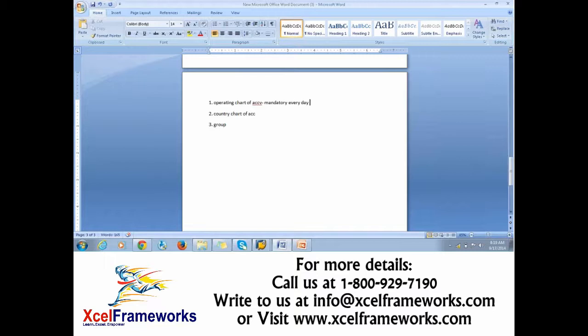Suppose under your group of companies, you have two company codes. For example, one is in US and one is in Europe. In that case, you will be having the country chart of accounts differently. That means one country chart of accounts for the US company code and another for the Europe company code. Why do we require two country chart of accounts here?